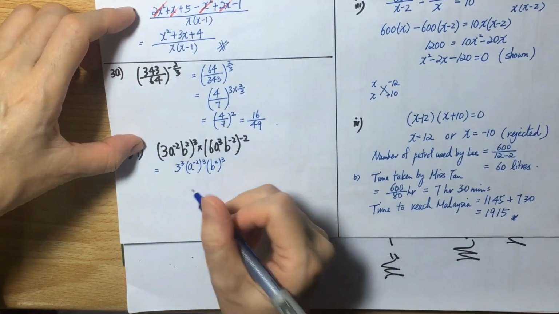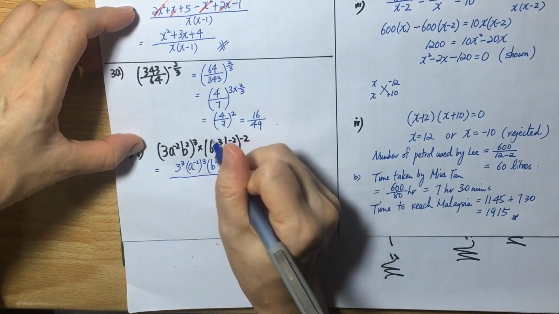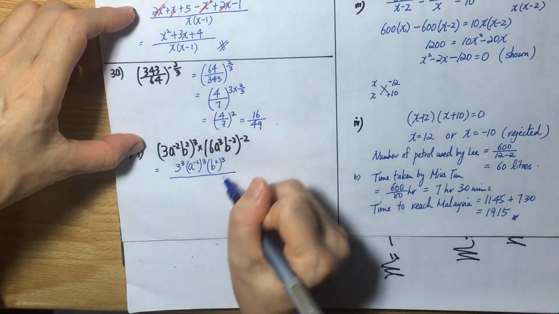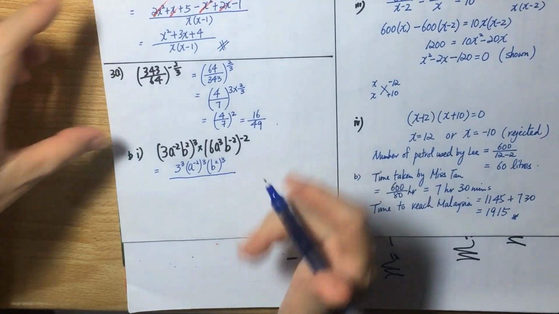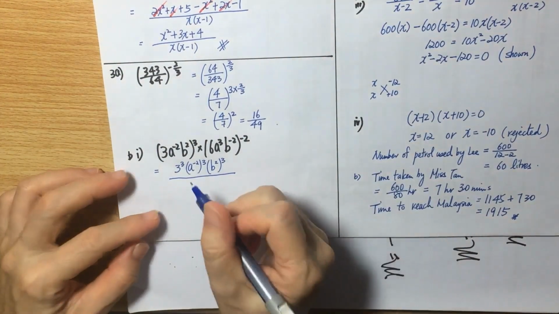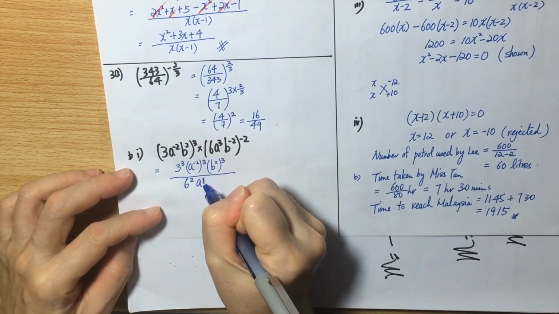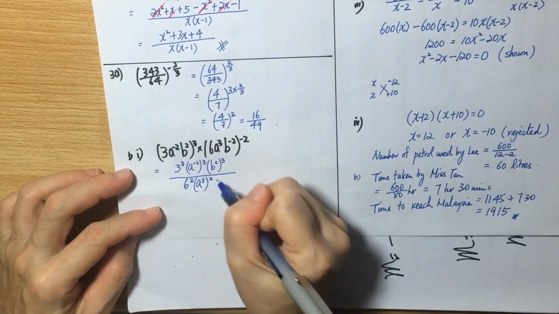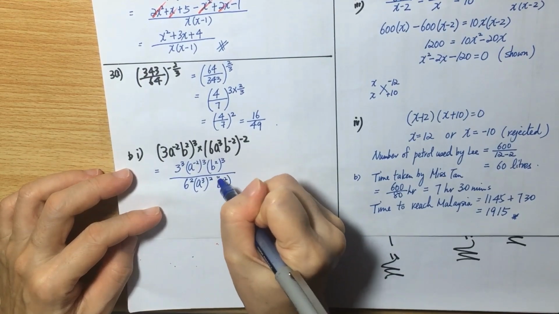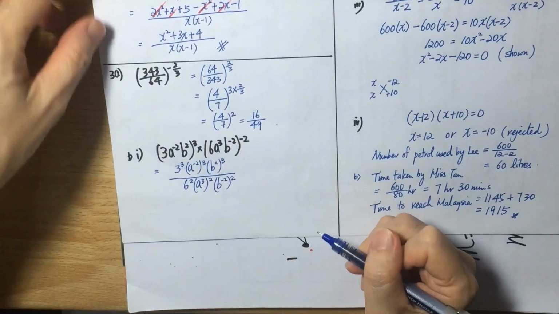I will bring it to the denominator. This whole thing, bring it to the denominator, so that will be raised to the power of 2. Okay, so I'm having 6 to the power of 2, a cubed to the power of 2, and b to the power negative 2, to the power 2.